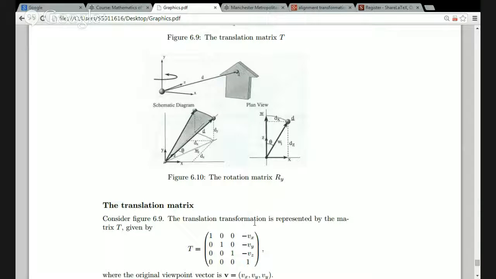Now, what are the sides of the triangle? Well, there's this vertical side here. And what is that vertical side? That vertical side is the same, isn't it, as the original dy quantity?